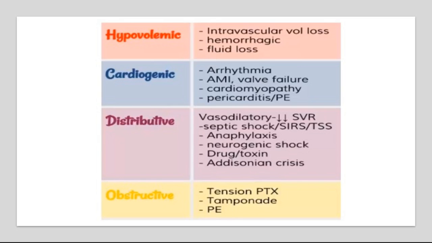We'll talk more about that, as well as neurogenic shock, where you have that discoordination between the sympathetic and the parasympathetic, where you can't constrict your vessels, which we'll also review. And then lastly, anaphylaxis, where you're releasing complement and histamine, which all causes dilatation and increased permeability, leading to poor tissue perfusion.